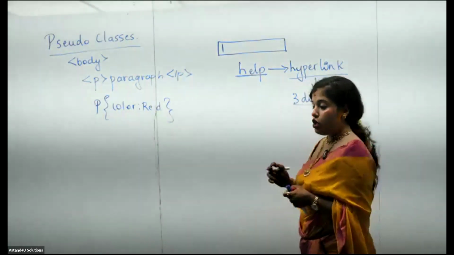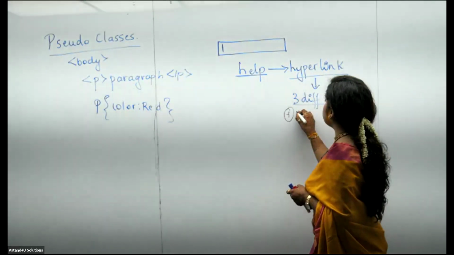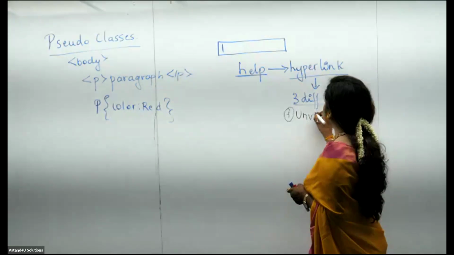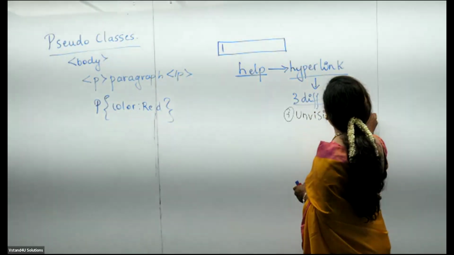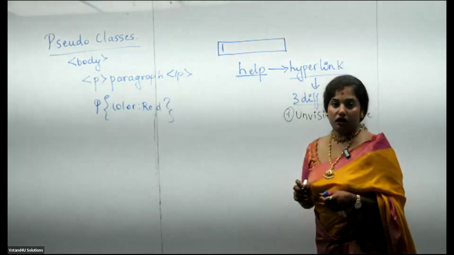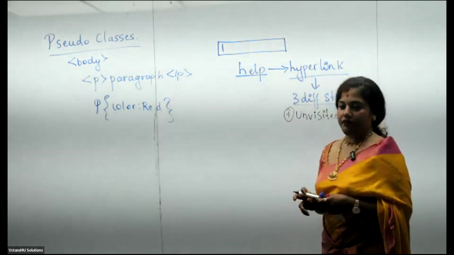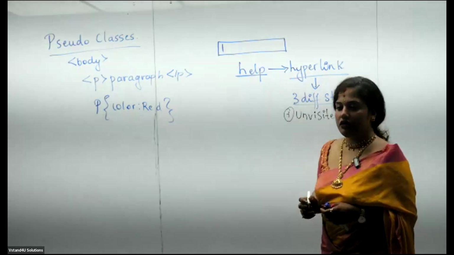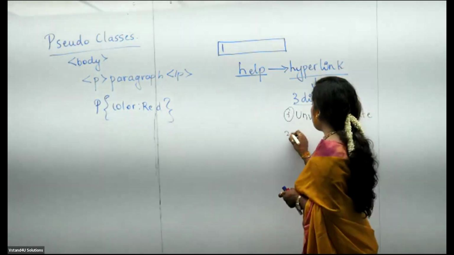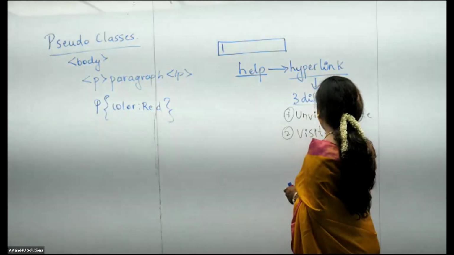Yes or no? So, can I say the first state is called the unvisited state? Yes. And when I click on that link, it will redirect me to another page. Can I call that the visited state? Yes or no? Okay. Visited.